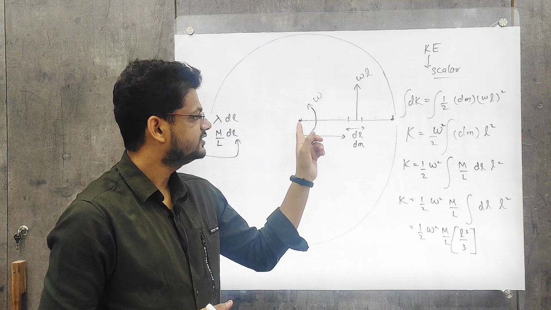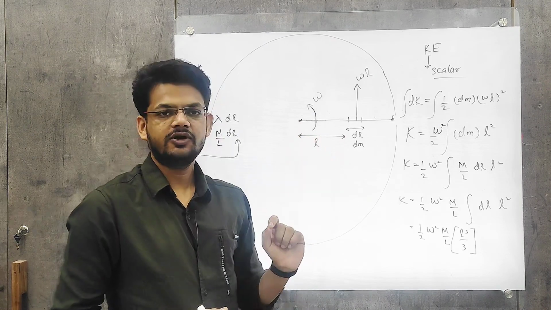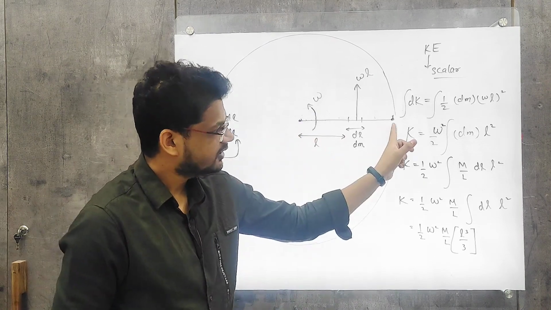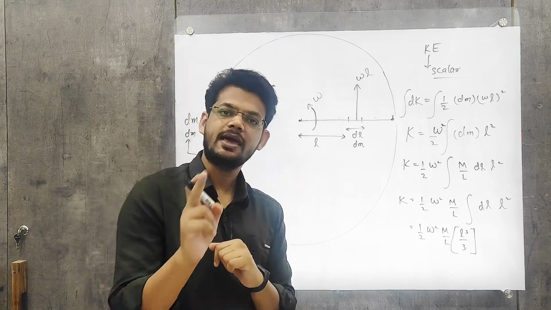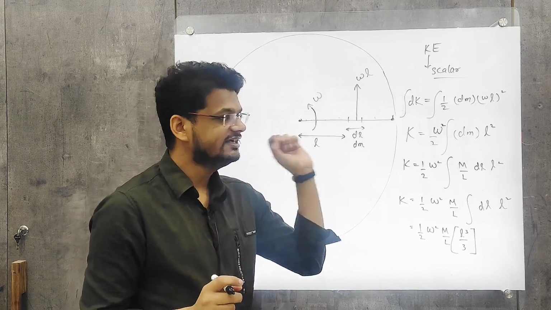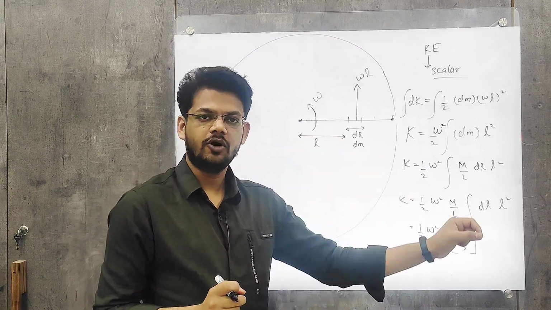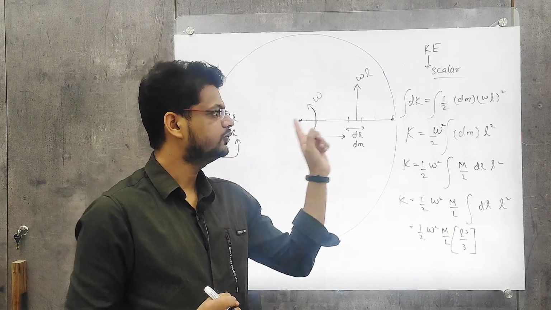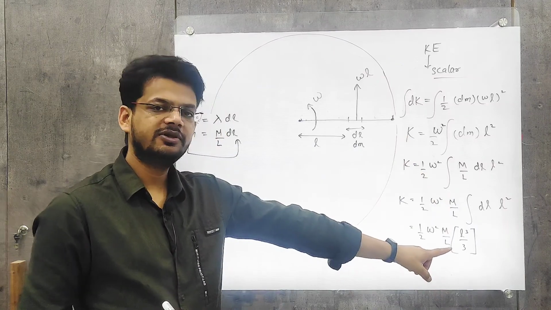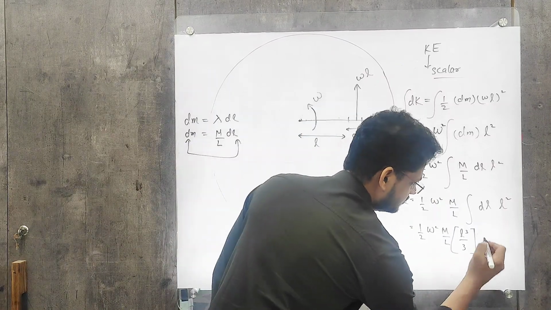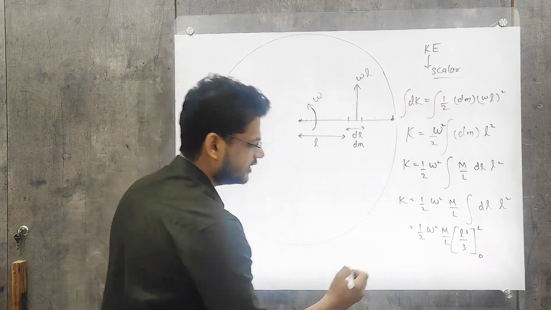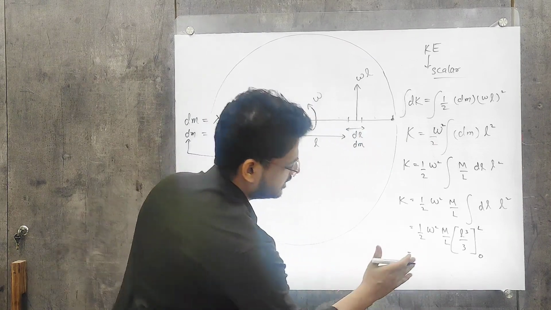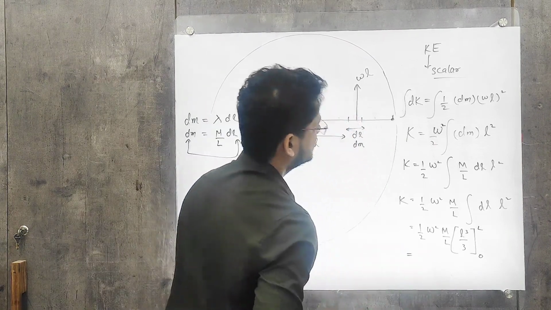So for this point this l will become 0, and for this point the length will become capital L. So to cover each and every point of the rod, I will have to vary the length l from 0 to capital L. So what will be the limits? 0 to L. Okay, so I think I have almost completed the integration.